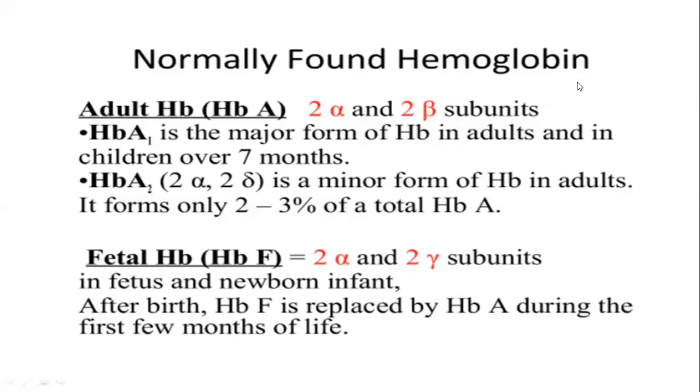And then hemoglobin A2 is a minor form of hemoglobin that you would find in adults. Actually, the percentage is relatively small, and it is a combination of 2 alpha and 2 delta. So hemoglobin A2 is 2 alpha and 2 delta. Hemoglobin A1 is 2 alpha and 2 beta.